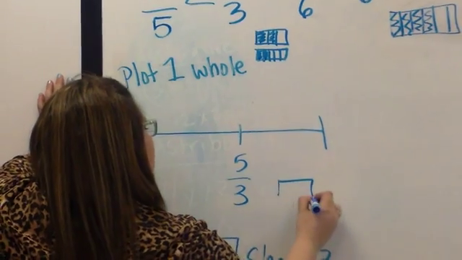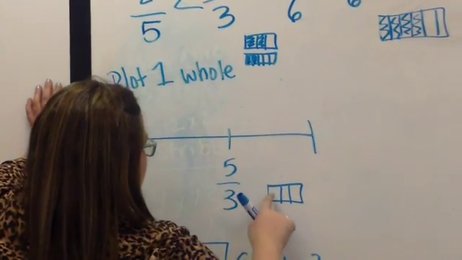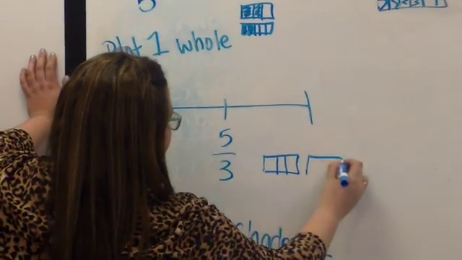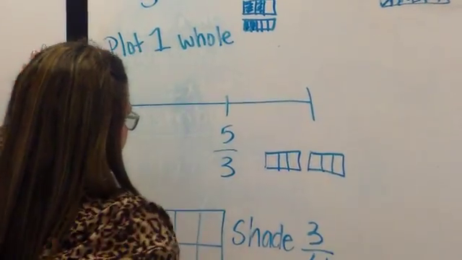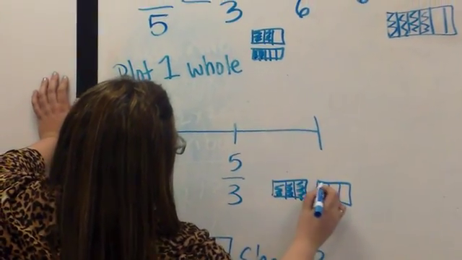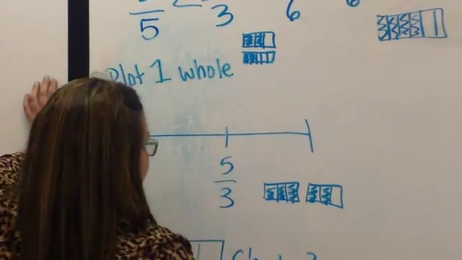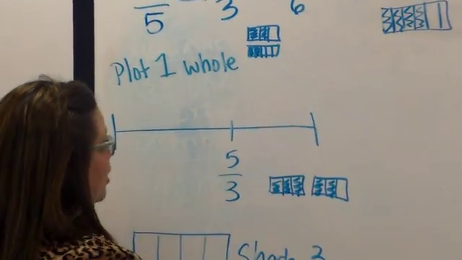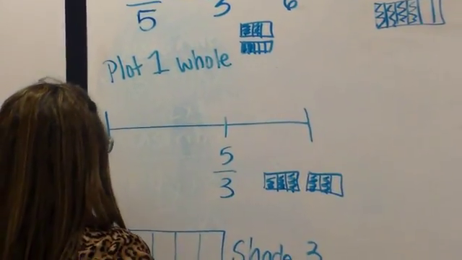So if I look at that in terms of a picture, okay, there's 1/3, 2/3, 3/3. I need to make another whole and split it into 3 pieces. So I have 1/3, 2/3, 3/3, 4/3, 5/3.